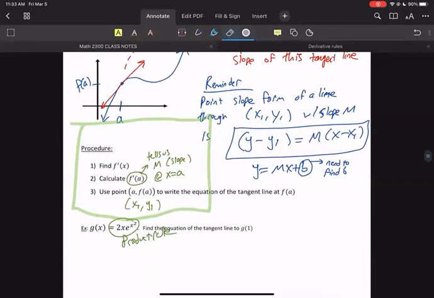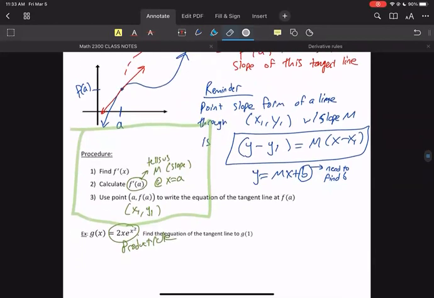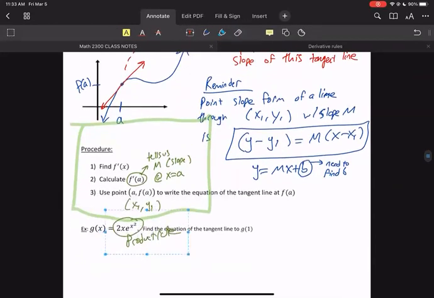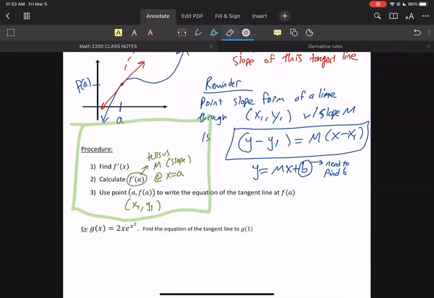Let's remind ourselves how to do it. We're going to find the equation of the tangent line. Let me erase this part. So you find the derivative. Again, I just did it a second ago. You plug in the point we care about. At this point, the point we care about is x equals 1, right?